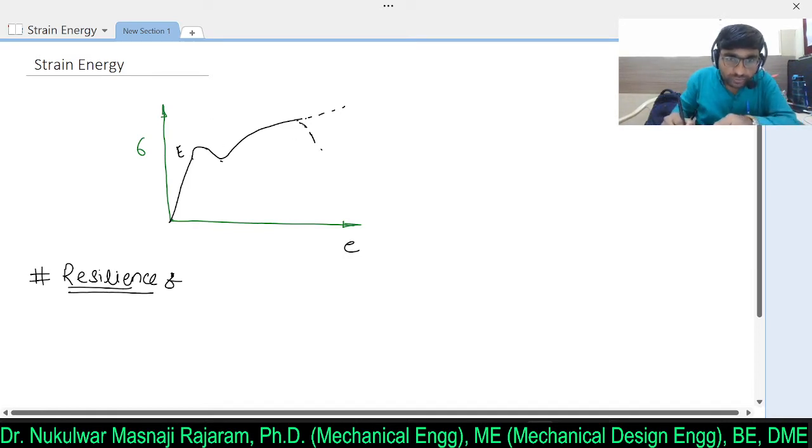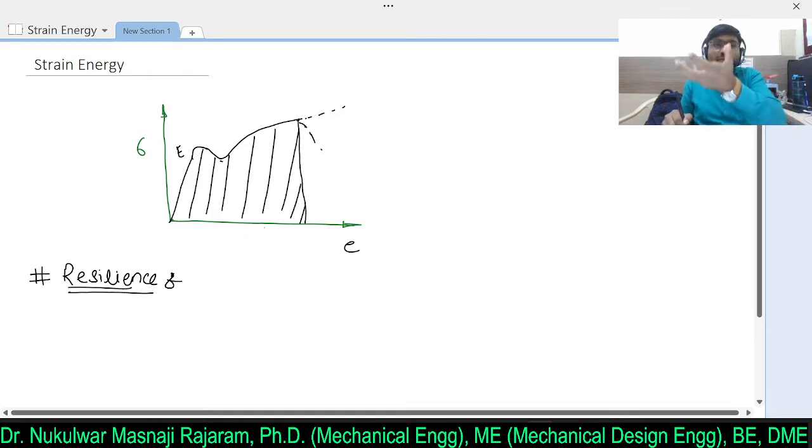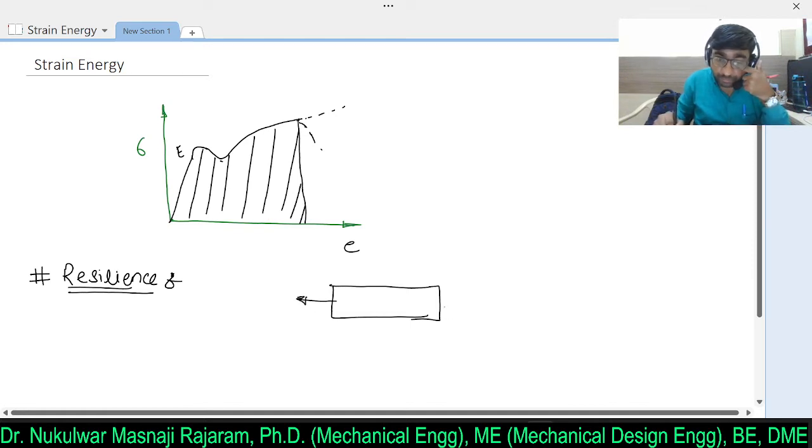If you observe the entire area under the curve, that is nothing but the total energy absorbed by the particular specimen. I think there is no need to draw the diagram, so I will just explain. This diagram can be obtained by applying the load at the two ends on the UTM, and then we get this particular diagram.